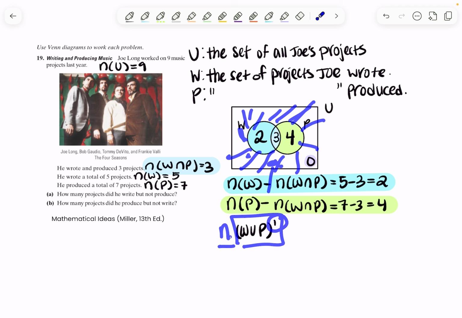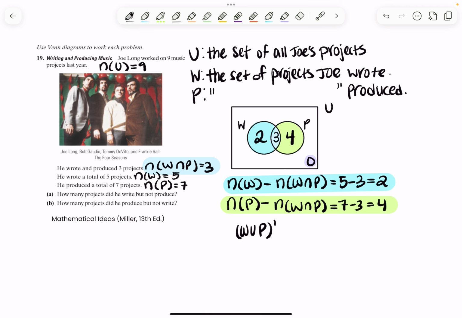Now again, anytime you're doing complement, in Hamidi's class, you always have to write the formula for the complement. And that would be the number of elements in the universal set minus the number of elements in whatever you want to take the complement of, which is the union of sets W and P. So we know the number of elements in U is 9. And then we're looking at W union P. Union means we're joining all the elements of this set and putting them in one set.